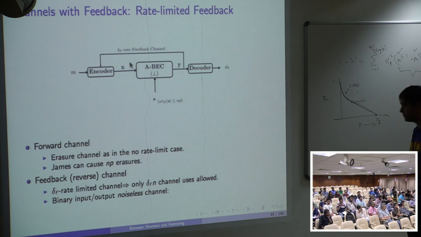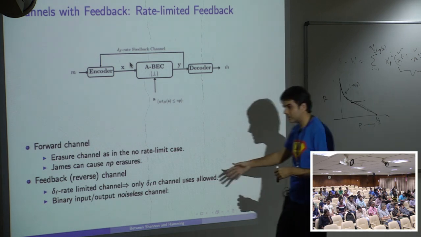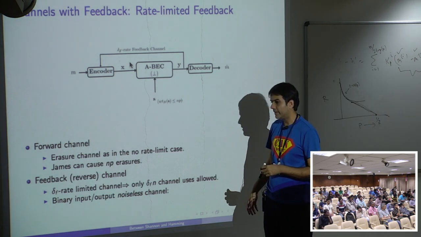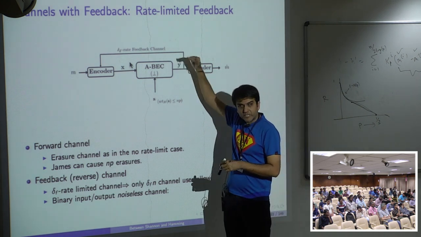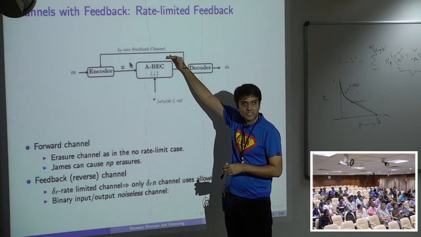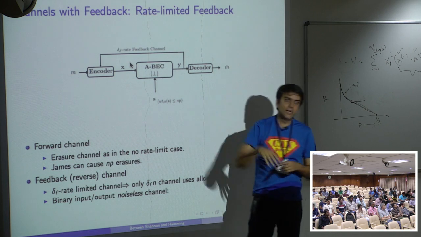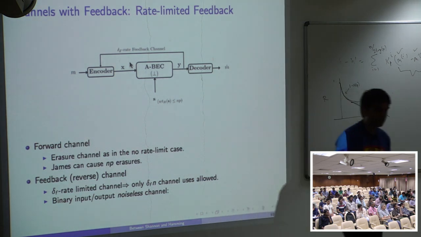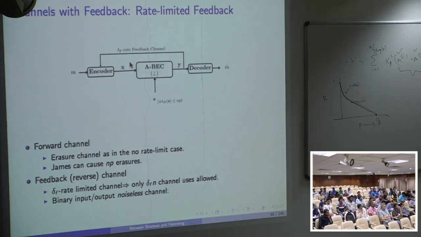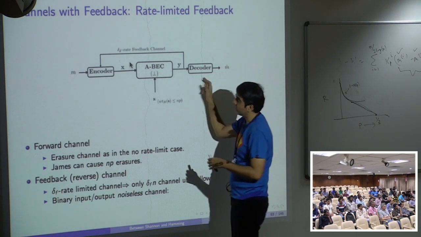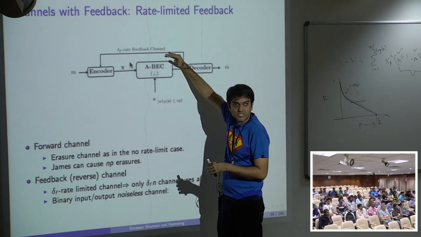So something like that. It's rate limited, but it's still noiseless. So the adversary isn't allowed to corrupt things here. And in all honesty, I'm talking about this channel just because we have something concrete about this channel. There could be other problems, where, say, it's 1 bit forward, 1 bit back, but the adversary could corrupt this as well.